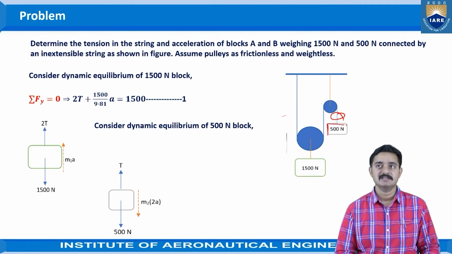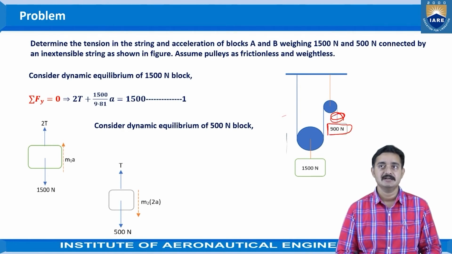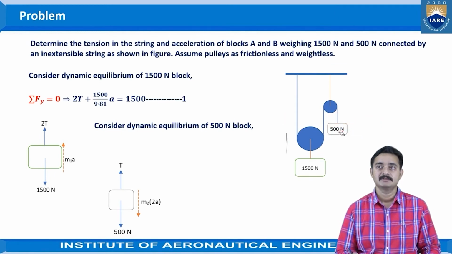This body is attached with a single string here, but the movement of this 500 Newton object will be double the acceleration. Why? Because as this 1500 Newton block is wound to double the string here, for one unit of acceleration with which this 1500 Newton comes downwards, this 500 Newton will move upwards with 2 units of acceleration.